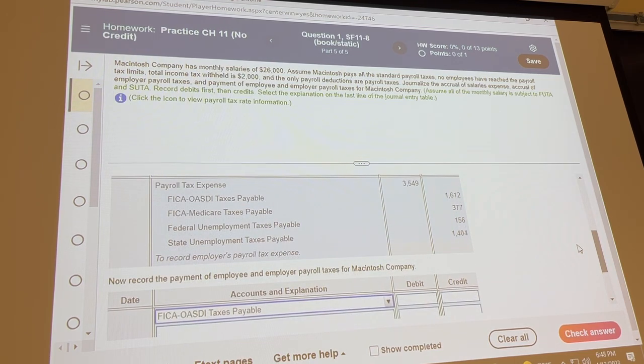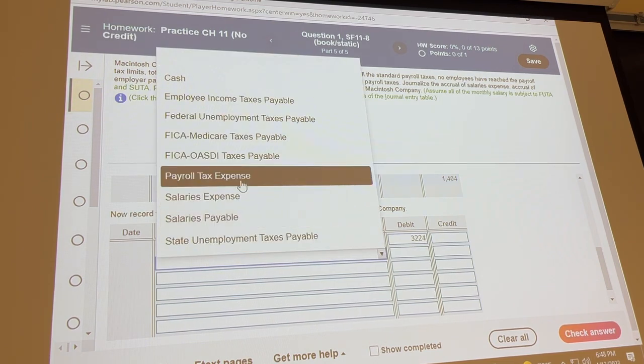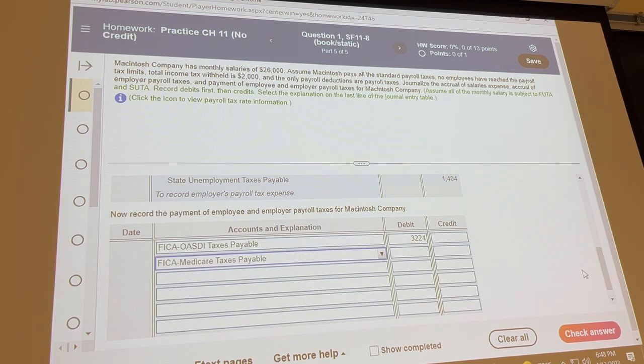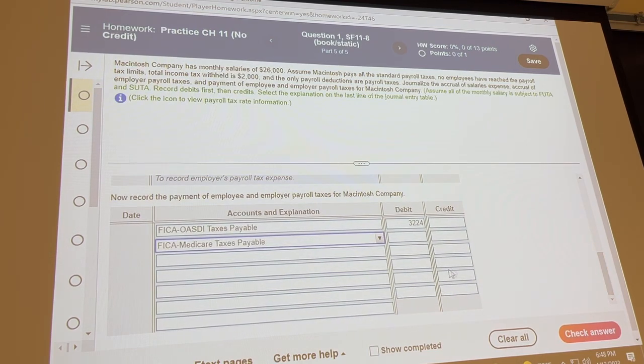So 1,612 times 2. So that would be $3,224. And then next we have FICA Medicare. And so $377 times 2, that would be $754.